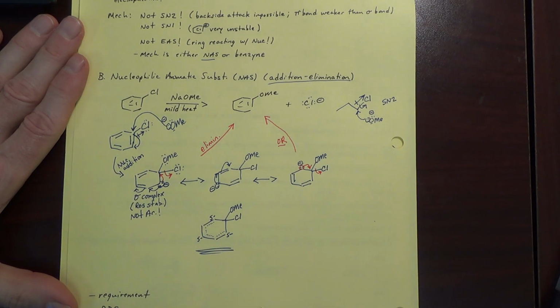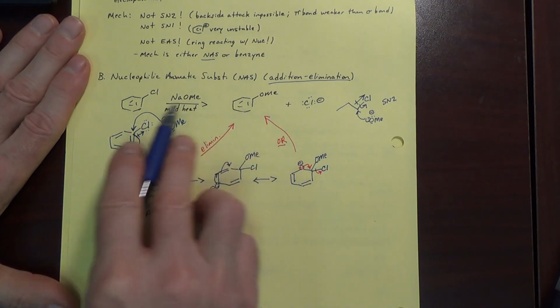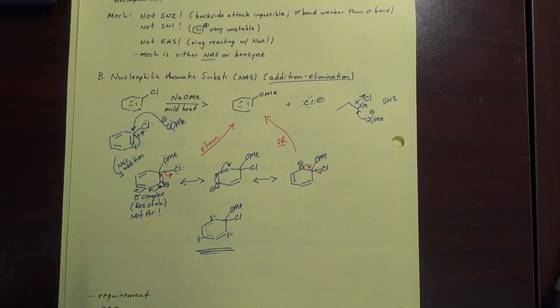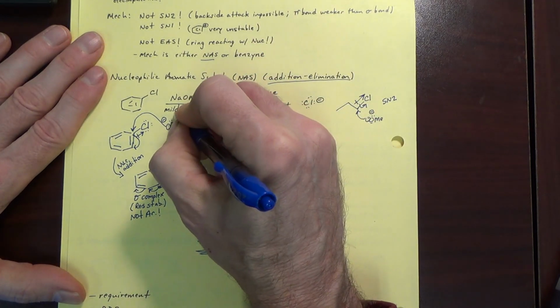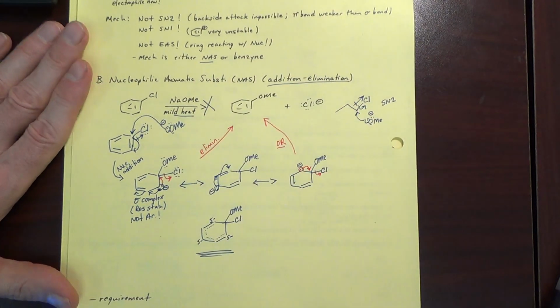Now, guess what? This reaction, as I just showed here, I have to tell you, does not work. This reaction does not take place with mild heat. Does not happen.